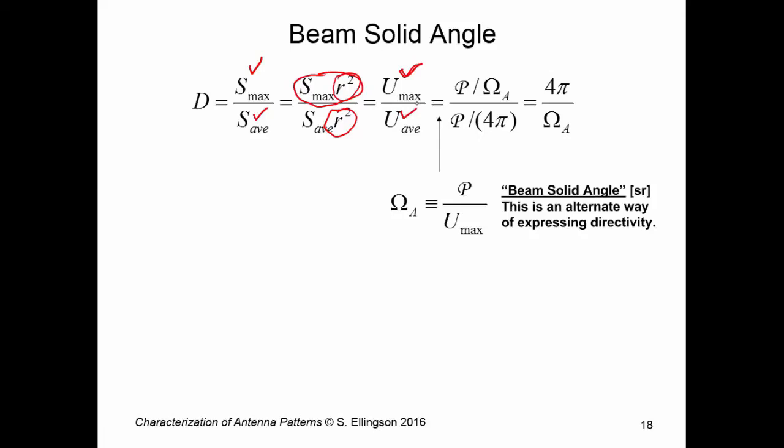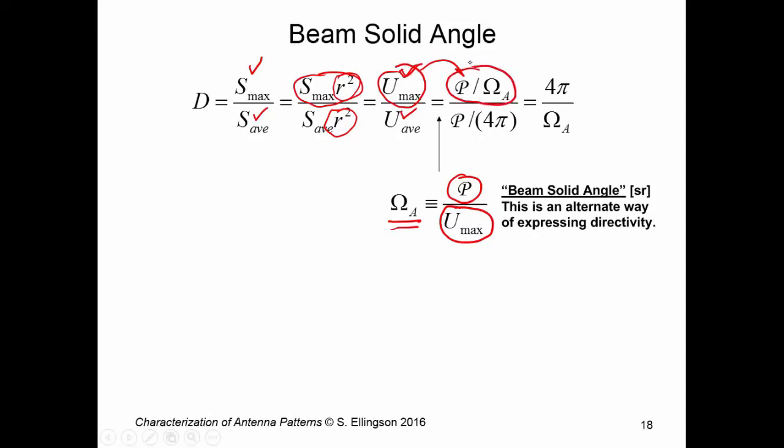Now let me make a definition. I will define the beam solid angle, this quantity omega sub A, as being the total power divided by the maximum radiation intensity. If I do that, I can replace the numerator here with the defining expression for beam solid angle.